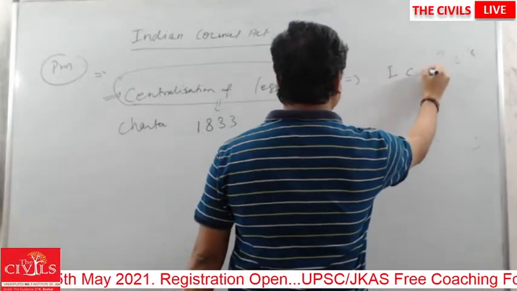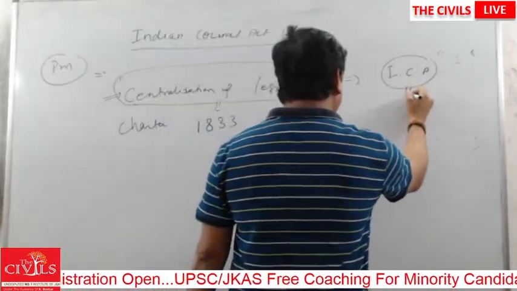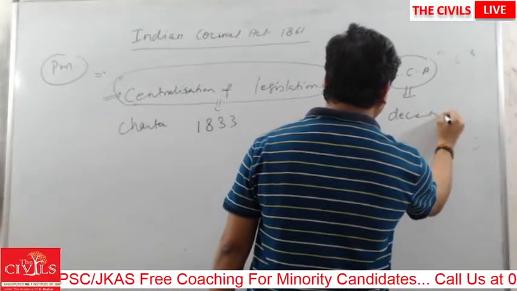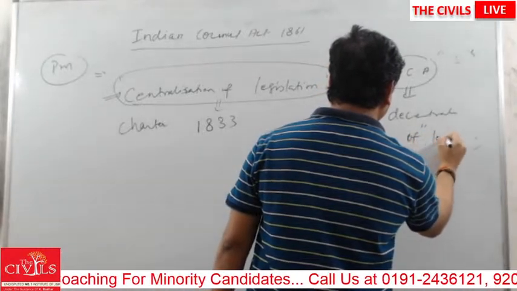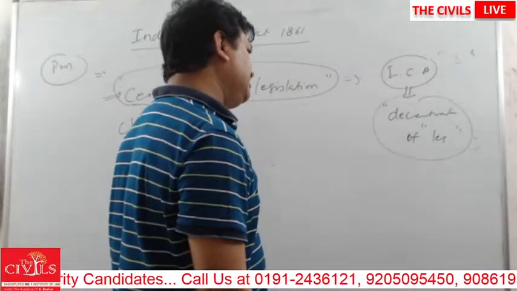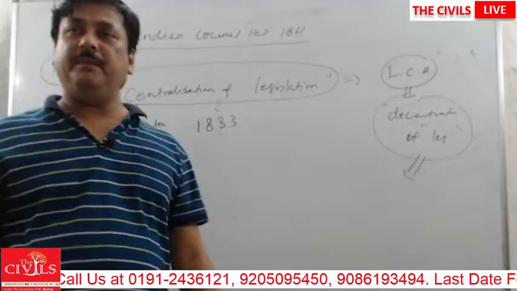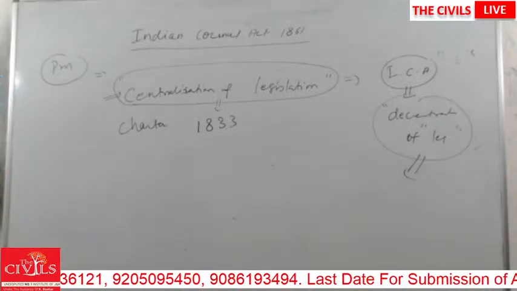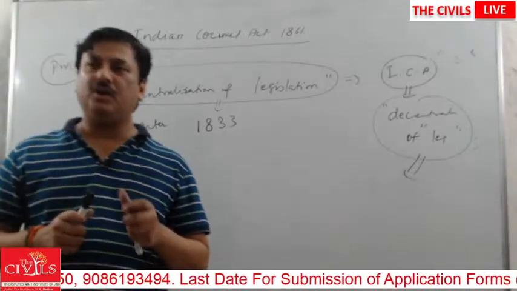But by the Indian Council Act 1861, decentralization of legislation started. By this decentralization of legislation, the Calcutta, Bombay and Madras Presidencies were allowed to make their own legislation or law.